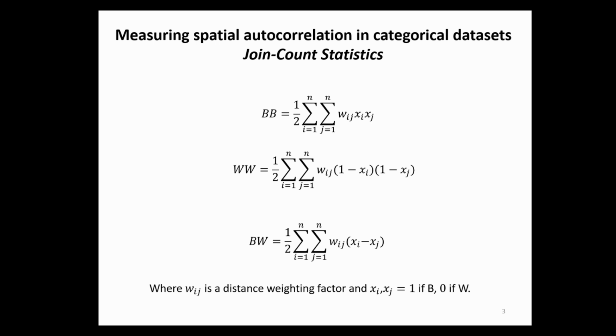This is a summation, so we have the overall global autocorrelation of black and white cells, or whatever you want to call them, but you don't have a local indicator of spatial autocorrelation, which exist for numerical variables. They're called LISA, local indicators of spatial association, but they didn't exist for categorical data until quite recently.